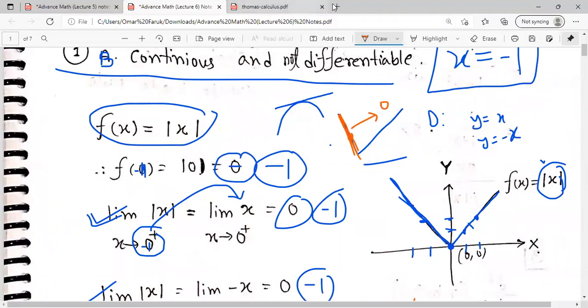So, okay, let me search on Google if this function is differentiable at x equal to -1 or not.